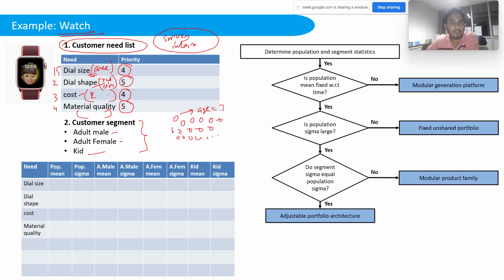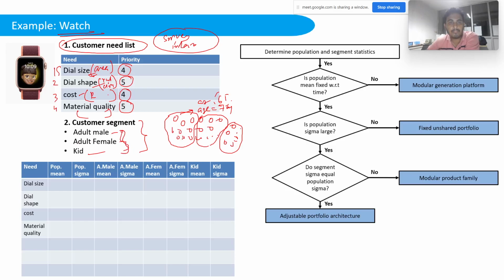Someone says the age is 7, someone says 65. Based on those categories, you may later identify that some sort of clustering can be done on this population information. That's how you categorize the customers into three categories.